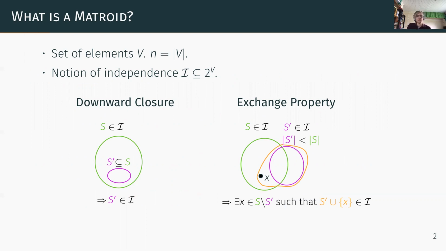The first one is downward closure, where if some set is independent, then any subset of it is independent as well. The other property is the exchange property, where if you have two independent sets and one is smaller than the other, then there must exist some element which you can move from the larger independent set to the smaller independent set while still maintaining independence.